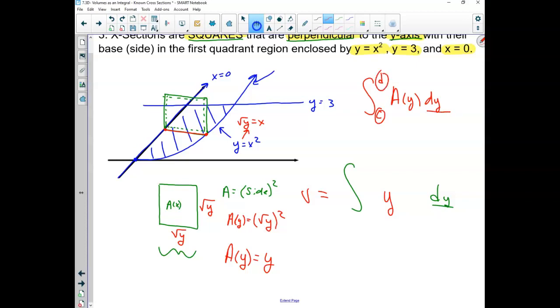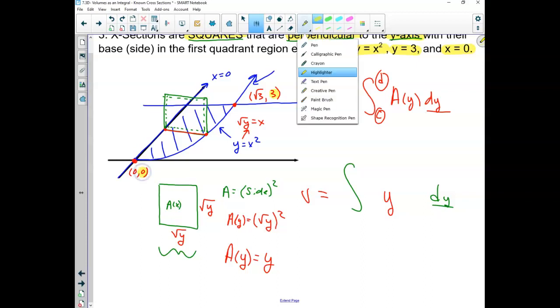I'm going from here, which is 0, 0, all the way up to here, which is comma 3. Well, that means this is going to be square root of 3? No, it's going to be 3. So my limits, remember, are in terms of y, so I'm going from 0 to 3.